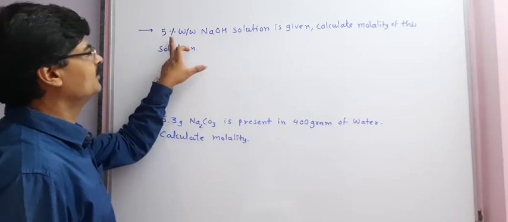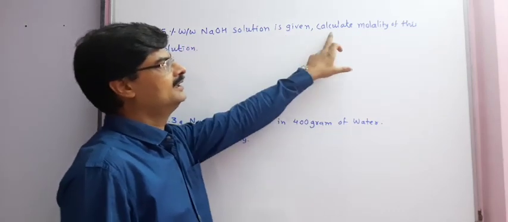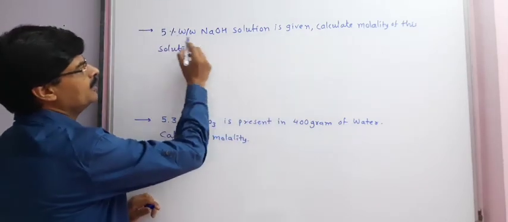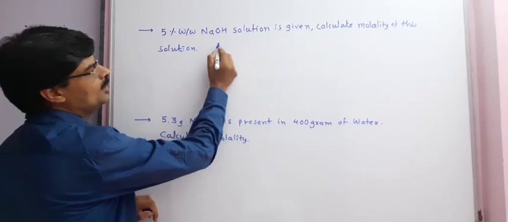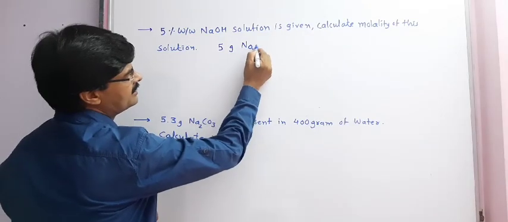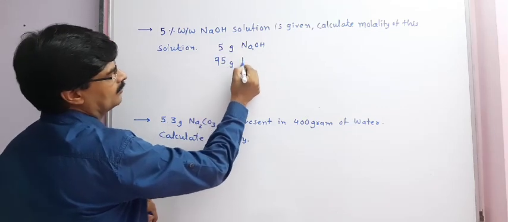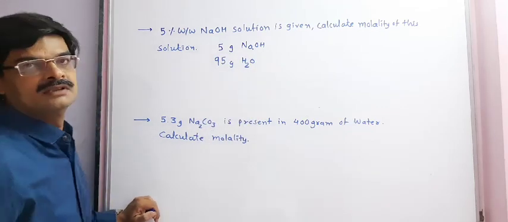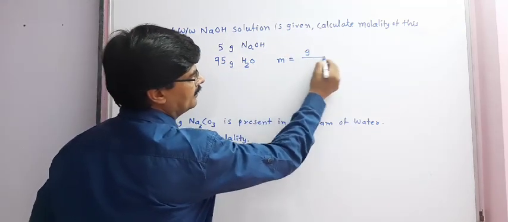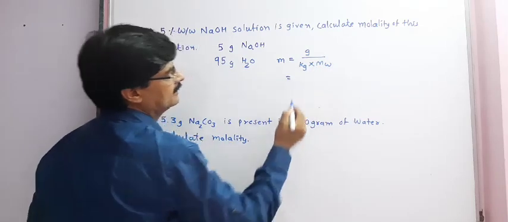In the next sum, 5% W by W NaOH solution is given. Calculate molarity of this solution. First of all, meaning of 5% W by W NaOH is 5 gram NaOH and 95 gram water. Therefore, molality is equal to gram per kilogram into molecular mass.